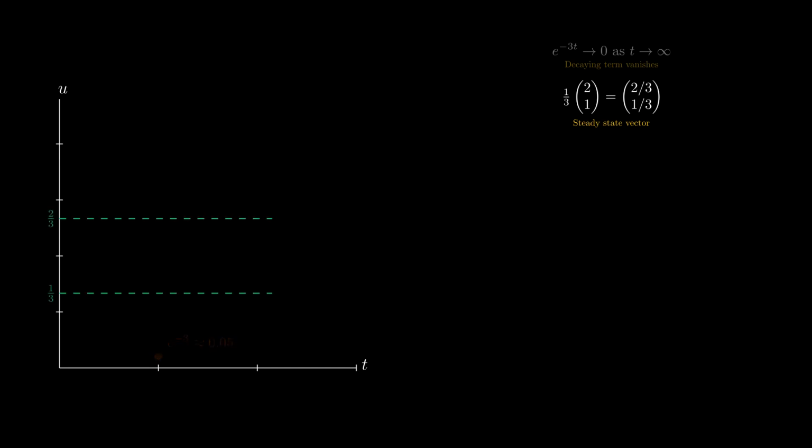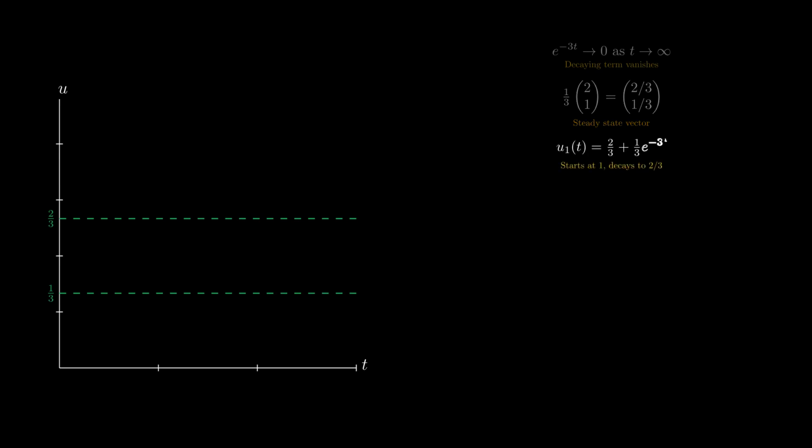Watch what happens as t grows. The term e to the minus 3t decays to 0 quickly. By t equals 1, it's already about 0.05, and it keeps shrinking, so everything involving the second eigenvector dies away. What remains is 1/3 times the vector 2, 1, which gives 2/3 and 1/3.